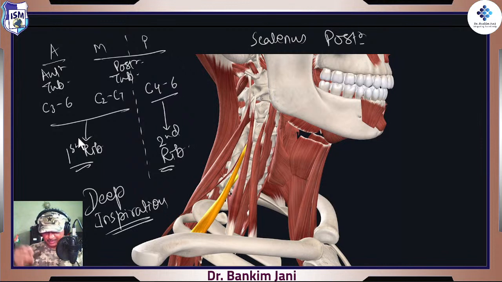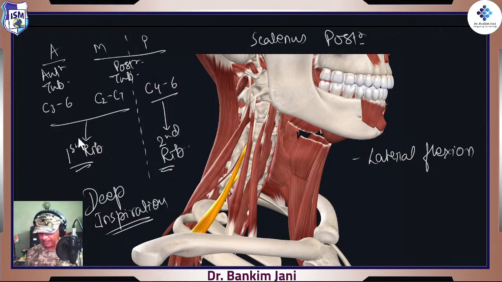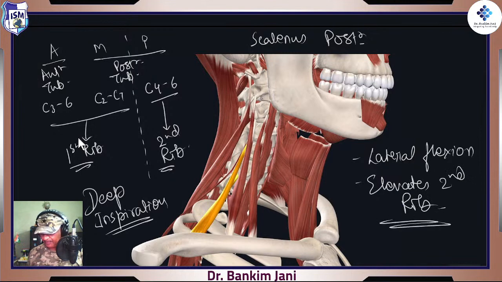Otherwise, as a single one, they will always be going for lateral flexion. When they both contract together, they will be going for forward flexion. But important is it elevates the second rib, right? Which is very important for deep inspiration.